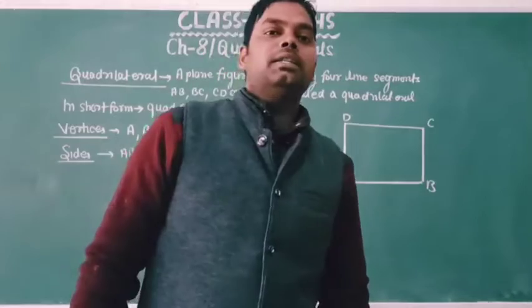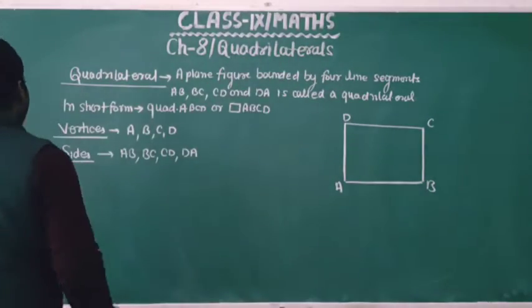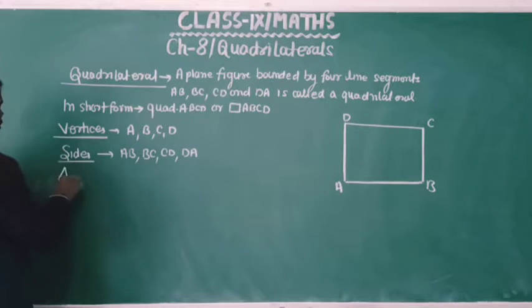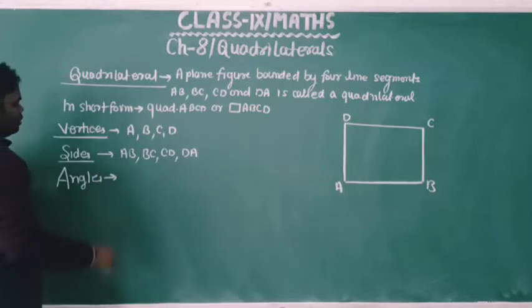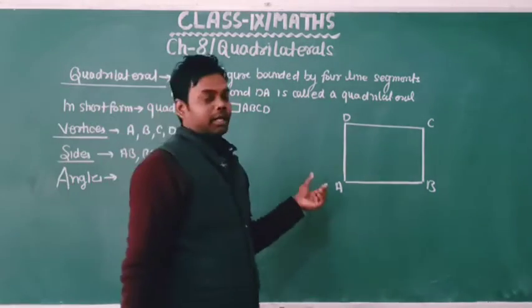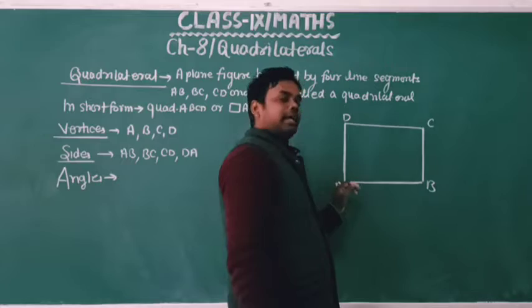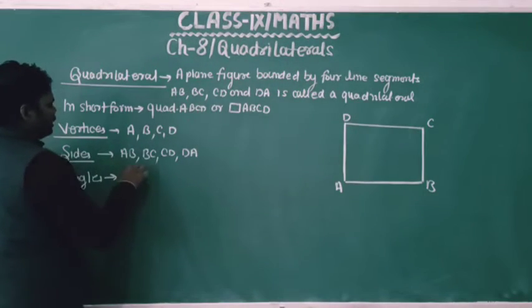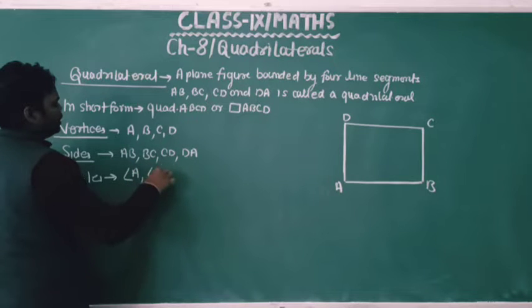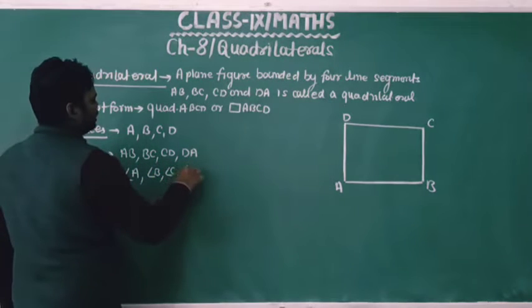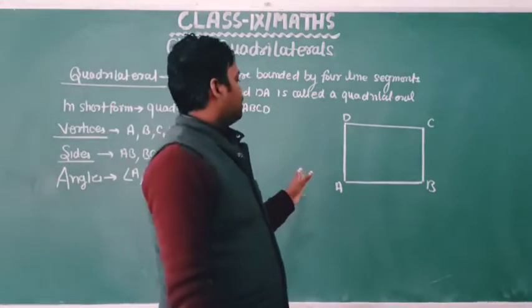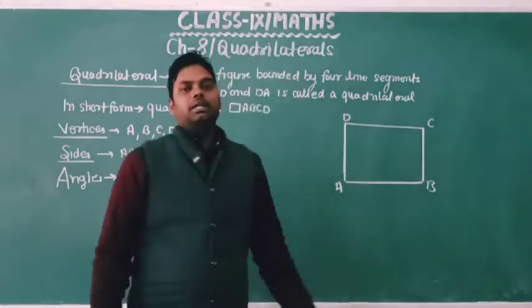And next, angles. So dear children, a quadrilateral has four angles. Here we can see clearly: angle A, angle B, angle C and angle D. Four angles of a quadrilateral.